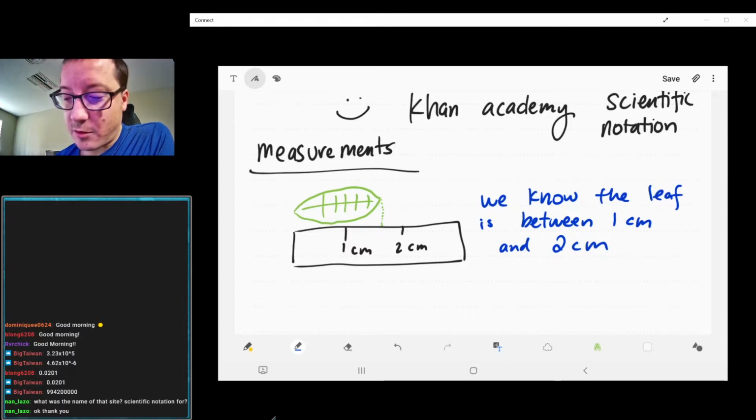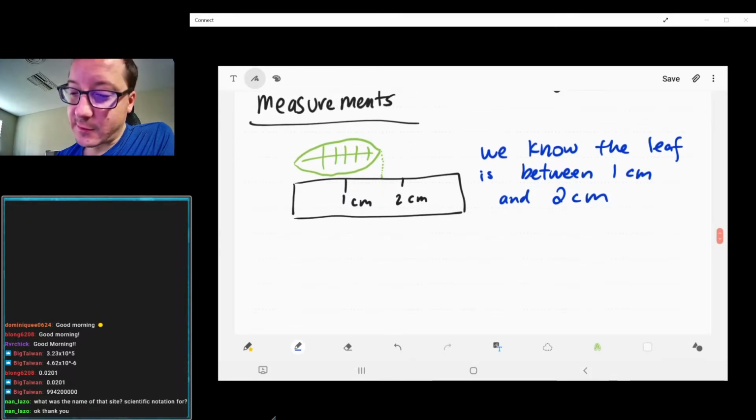However, we don't know exactly where it is. We know it's between those, and we can make an estimate of where it is between those two.